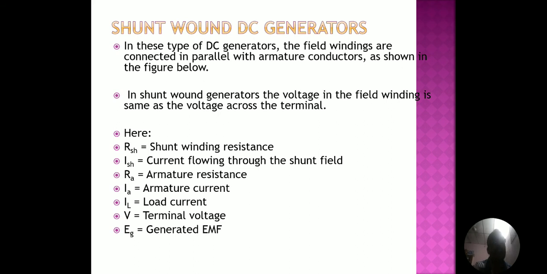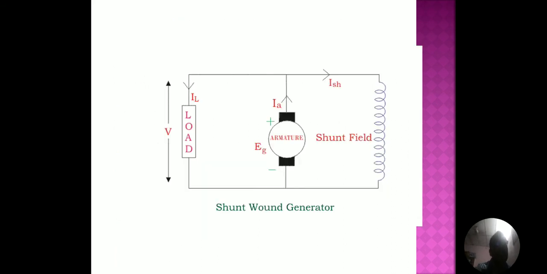As in series wound generators, the voltage in the field winding is the same as the voltage across the terminals. Here we can see the circuit diagram of the shunt wound generator, where all the three parts, that is field winding, armature, and load, are connected in parallel.